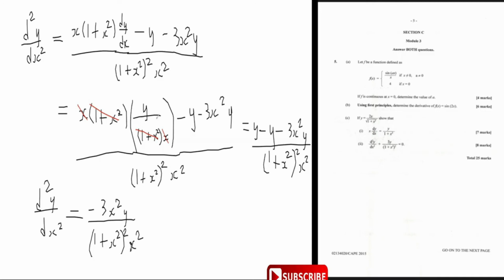As you realize now, this x squared cancels the x squared in the numerator, so what are we left with? We're left with minus 3y over (1 plus x squared) all squared.